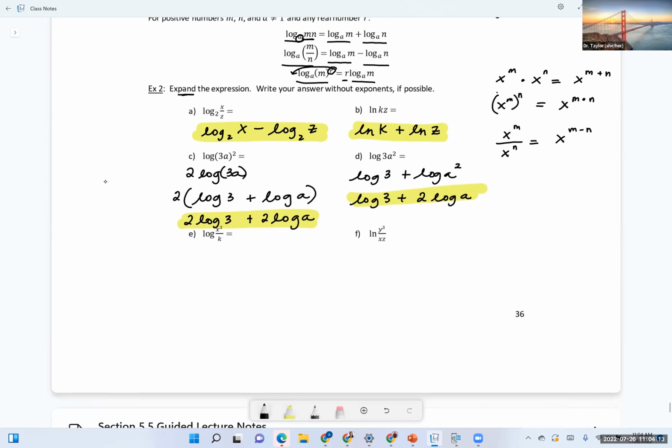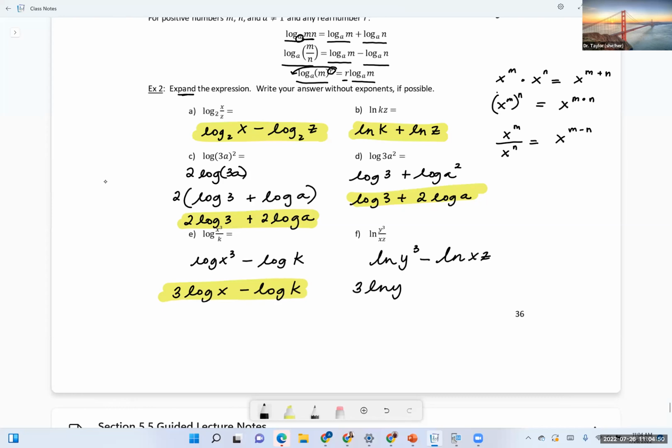Okay. This one will be log x cubed minus log k. But then that x cubed can be expanded out to say 3 log x minus log k. And this one, ln y cubed minus ln xz. So first step, this can be written 3 ln y minus ln xz.